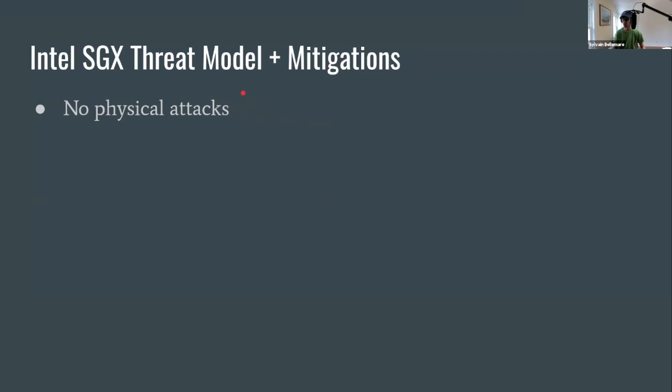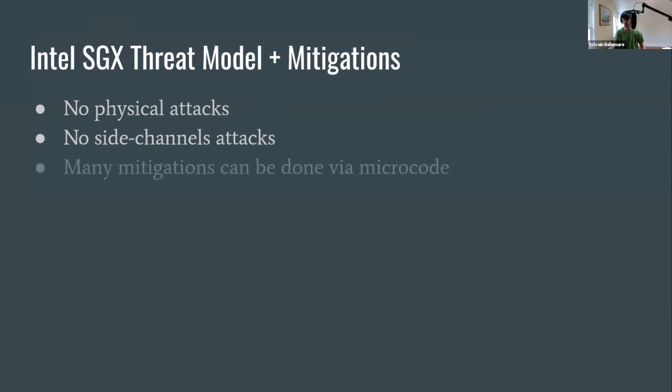It was also a problem with proof of elapsed time. There was this consensus protocol proposed by Intel, and they stepped back and realized that the incentives for the miners, or the participants, to actually break into their own machine are too strong. Now, side channel attacks are also out of the picture, in the sense that it's the responsibility of the developer to prevent these attacks or to have mitigations against them.